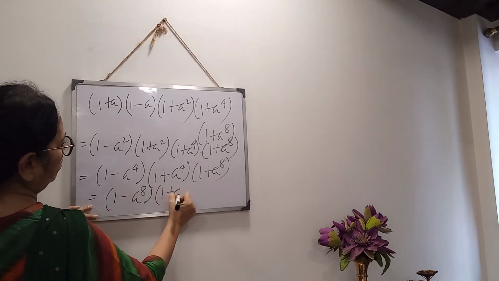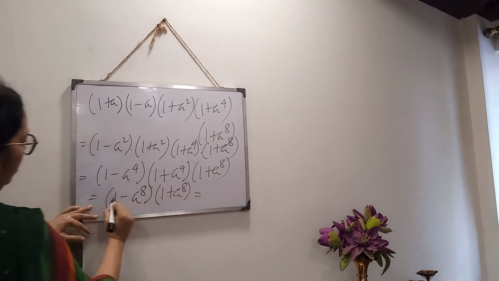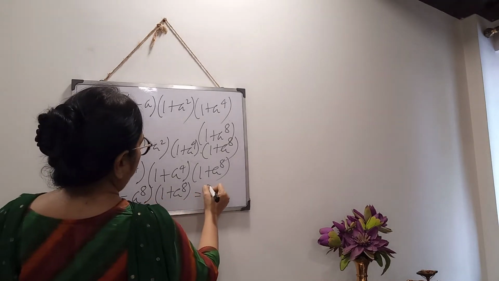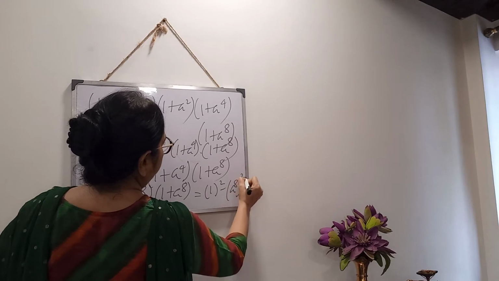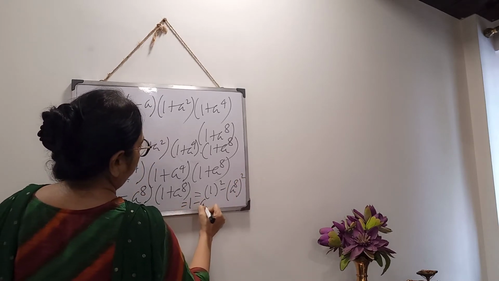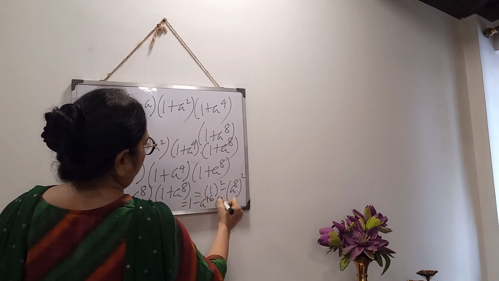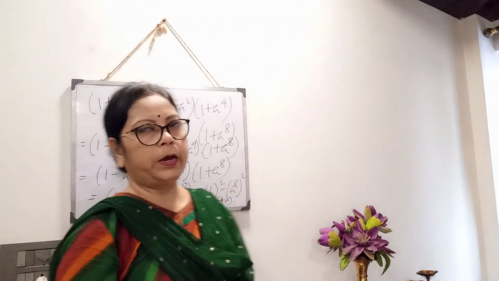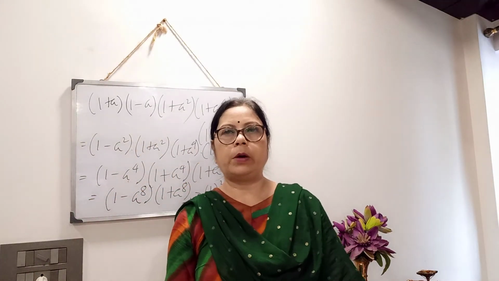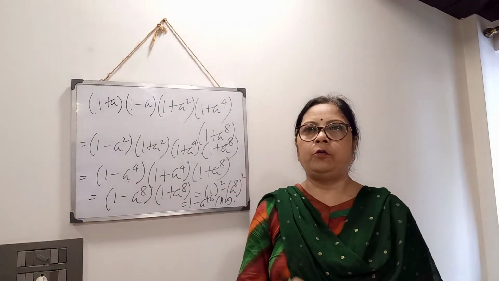Here again a minus b into a plus b. So a square minus b square. So your answer is coming this. So only by three or four steps we can complete it by using formula. But if we multiply simply, then 2 hours it will take.